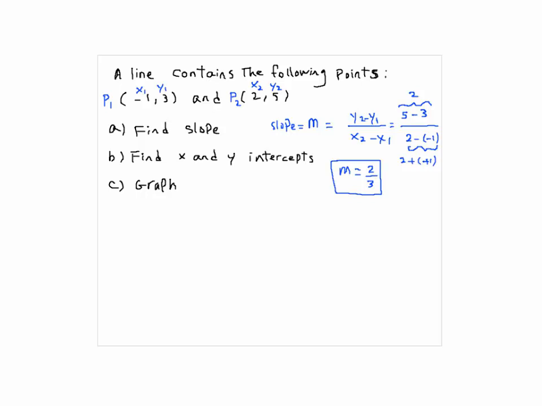Let's find the x and y intercepts. To find the x and y intercept, what do we need to do? Let's make a little chart here. How do you find x and y intercepts?